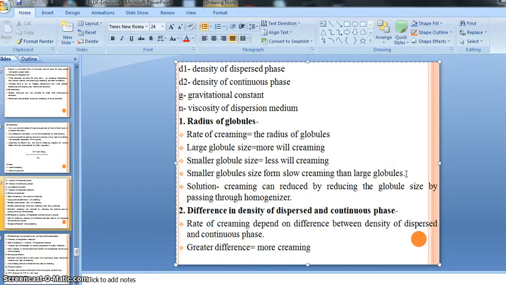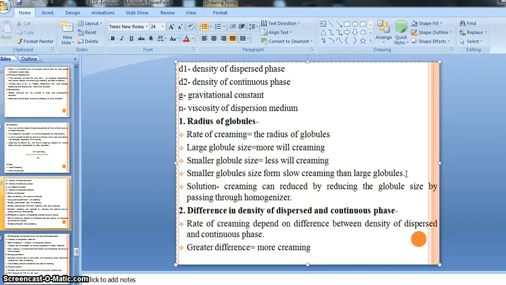So if we minimize the globule size, and we note that various kinds of machines are there by which we can easily minimize or decrease the size of our globules. That is a homogenizer, which we discussed in our previous lecture also, right? A hand homogenizer, Silverson mixer homogenizer, or colloidal mills are used for minimizing or reducing the size of our globules.